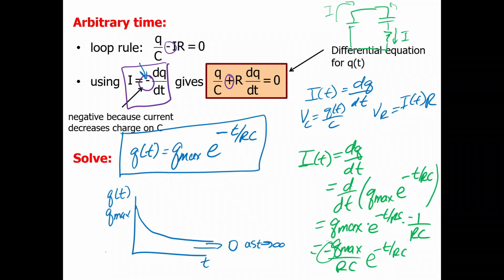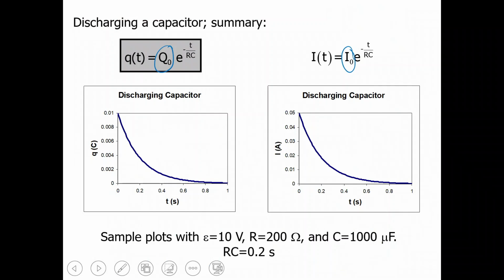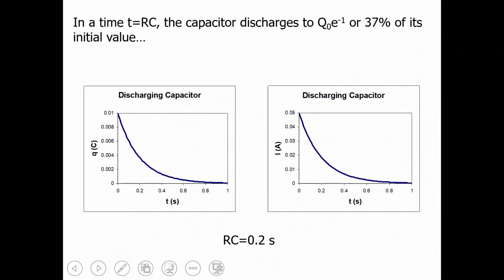So that's where that negative comes from. But in terms of the magnitude of the current, that magnitude is going to be q max over RC. But remember that our q max, if we were fully charged before, was just C times E. So you're still just going to get that E over R, because you're going to have that simplified function there.